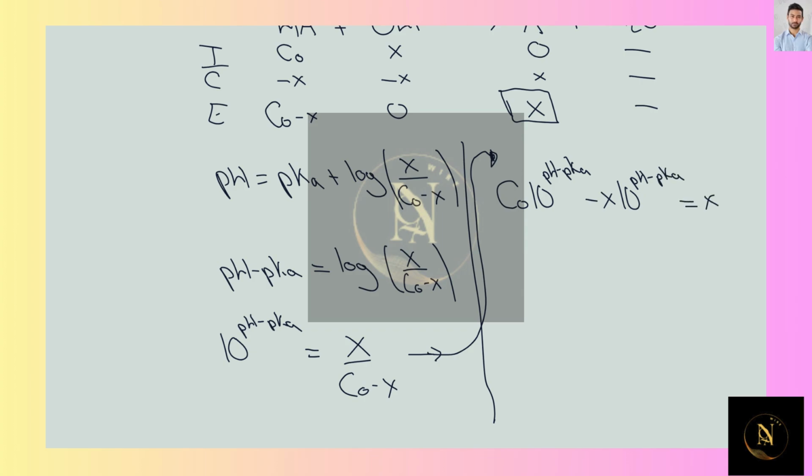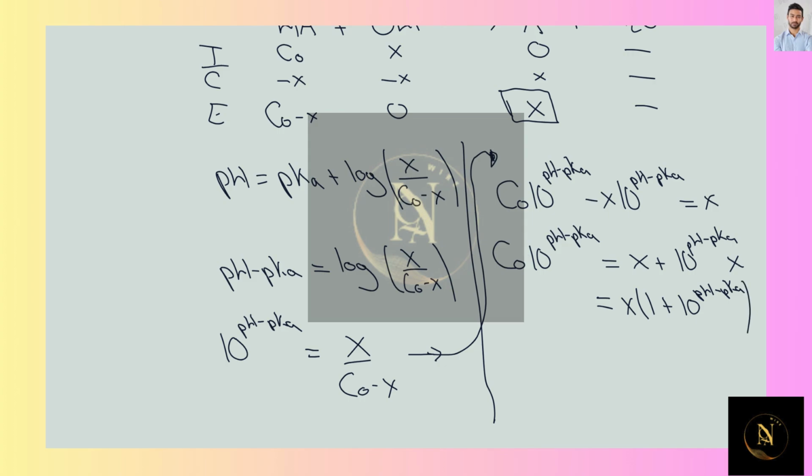Next step, we're going to collect all the terms with an X on the right-hand side. So this becomes C0 times 10 to the pH minus pKa is equal to X plus 10 to the pH minus pKa times X. We're going to factorize the factor of X: 1 plus 10 to the pH minus pKa.